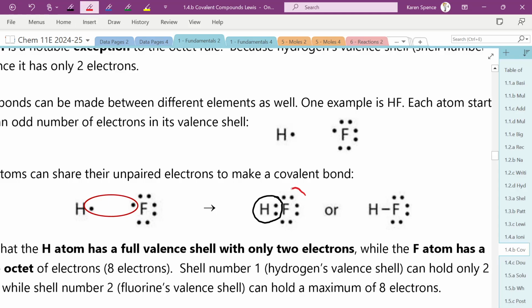But fluorine needs 8 electrons, so it is satisfied. Okay? And you can see, once again, if we look at this, you can say, oh, I look at hydrogen, how many electrons does it have? That line means it has how many? 2. Okay, and fluorine has those 3 lone pairs plus the 1 bonding pair gives it 8.